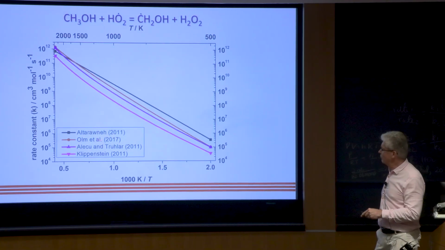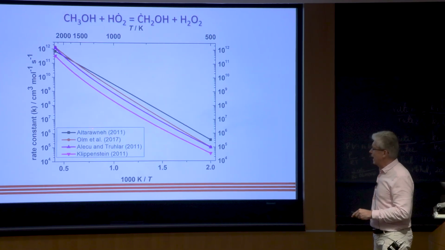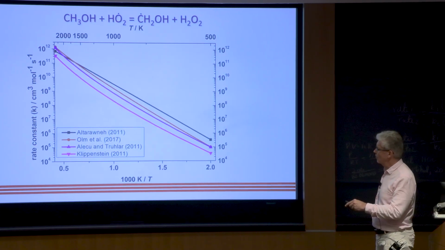But we went to the literature, and at the time, the ON study wasn't available, but Stephen Klippenstein at Argonne calculated the rate constant for this reaction, which is this magenta line here, okay?